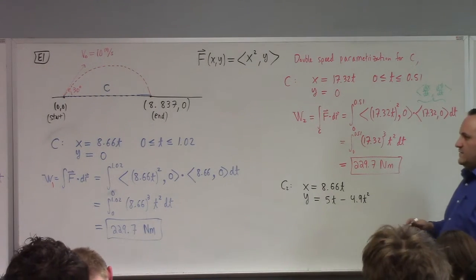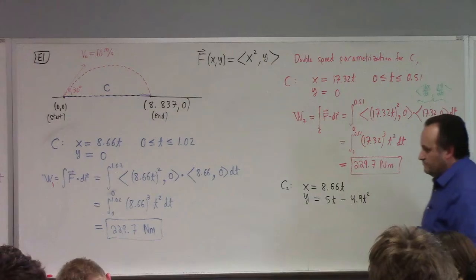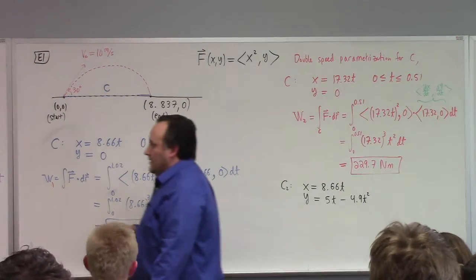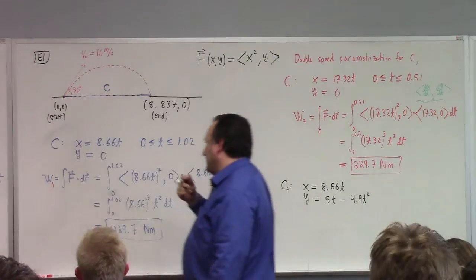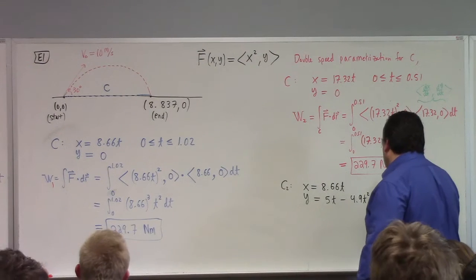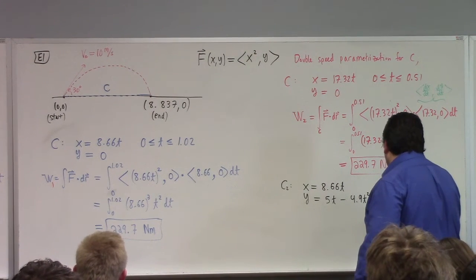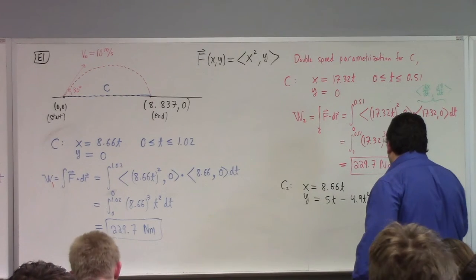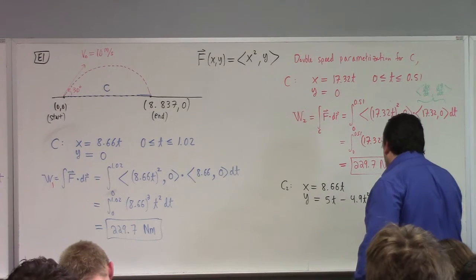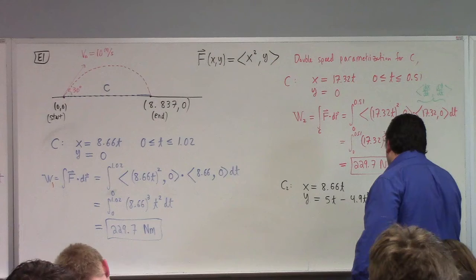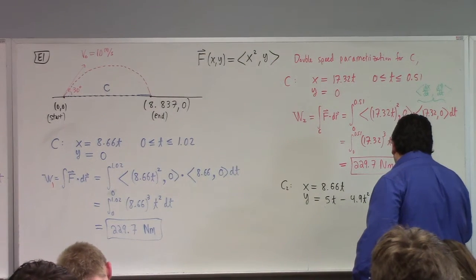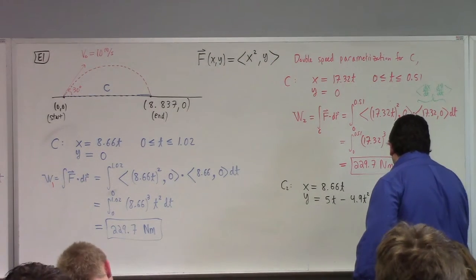Let me start doing things the way you guys like to do it. So we can write dx is 8.66 dt, and we can say dy is equal to 5 minus 9.8t times dt.